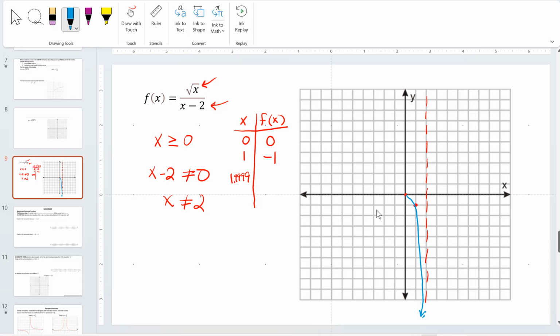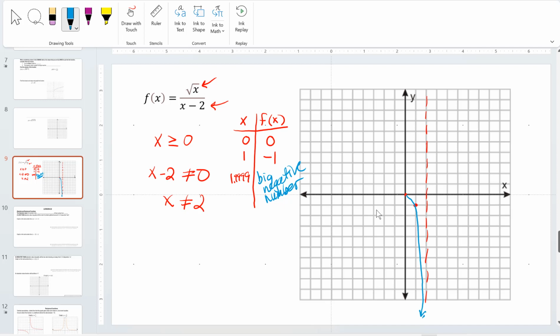It just gets bigger and bigger in absolute value in the negative, in the fourth quadrant. I didn't even put down what that was, but a big negative number is what we got.